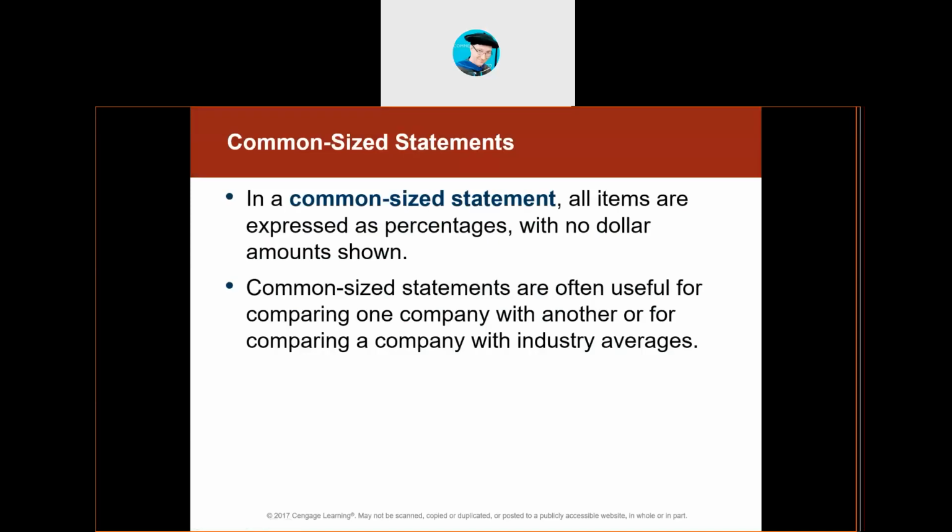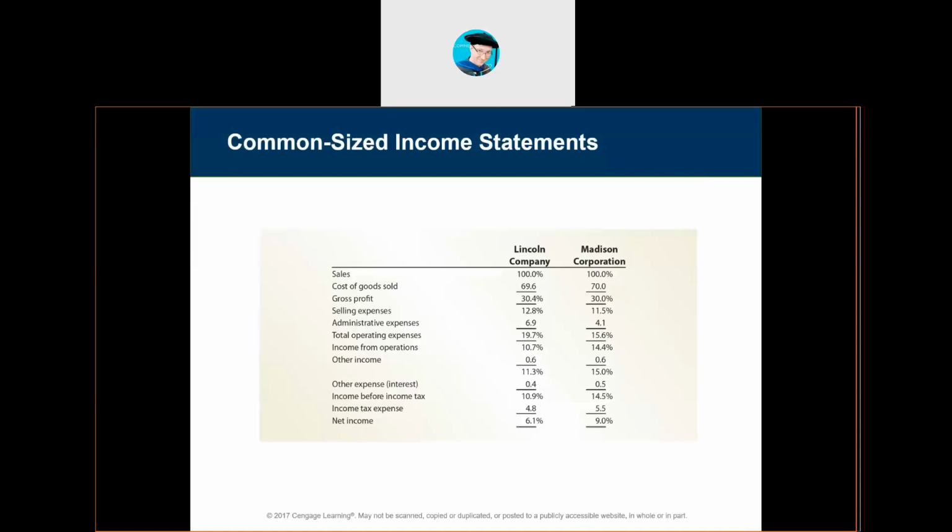Another way of analyzing financial statements is to use common size statement analysis. This is oftentimes expressed as a percentage with no dollar amount shown. Common size is useful for comparing company to company or from company to industry. Here we have two competitors.